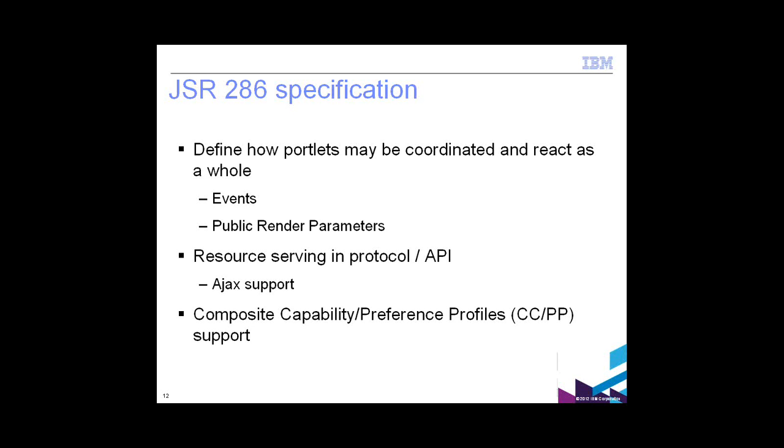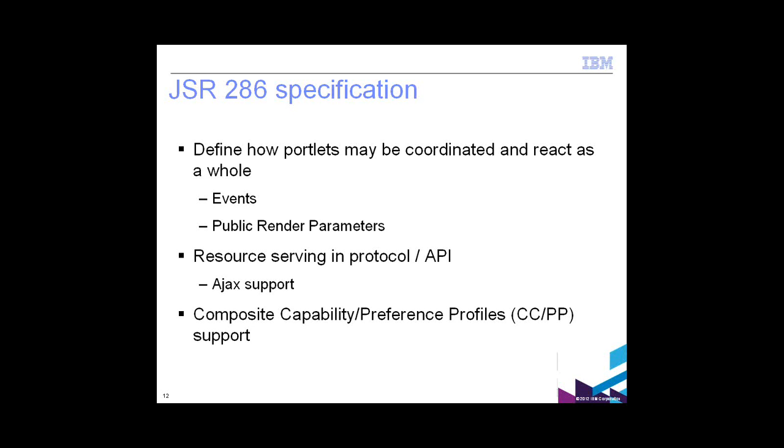A very beautiful use case, I'll give you an example. There is a travel portal where one portlet gives you the weather of a city, another portlet gives you the hotels available in the city, another gives you the cabs available in the city, and one portlet gives you information about the city.